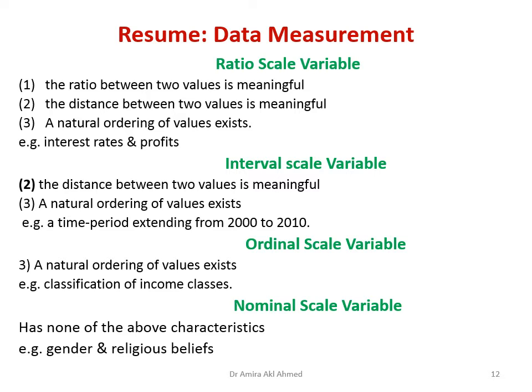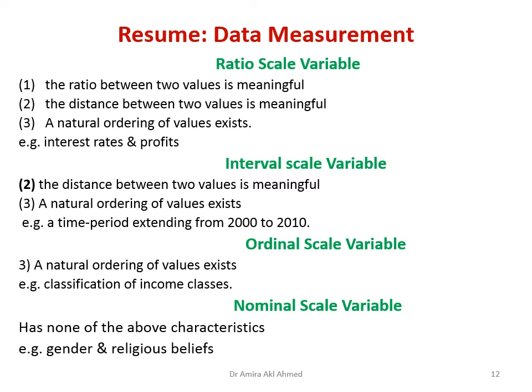An interval scale variable doesn't meet the first criterion of a ratio scale variable. However, it meets the last two criteria. For example, a time period extending from the year 2000 to 2010 satisfies the last two criteria.